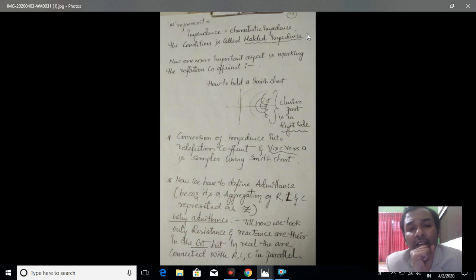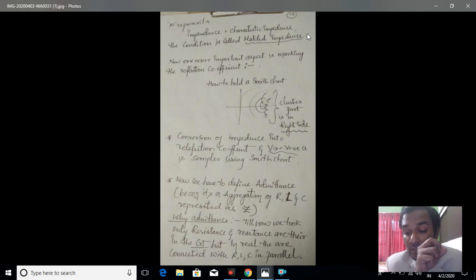Now we will understand what is to be calculated from the reflection coefficient. In order to get the reflection coefficient, what is required, and how the Smith chart changes its modification.